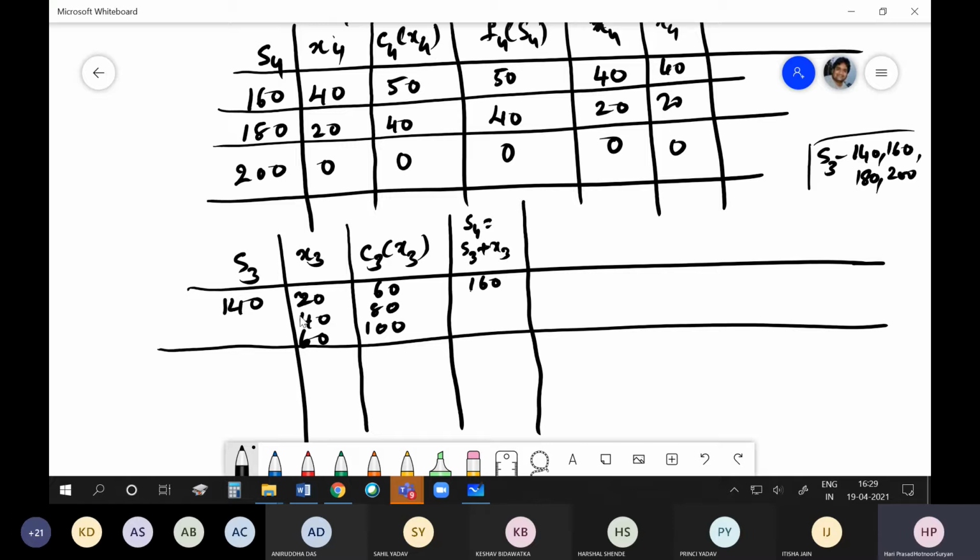Here I will have 180 and it will be 200, isn't it? Then what is F4 star of S4 for this? If it is 160, it is 50. Sorry, it is 50, 40, 0. This is F4 of S4.